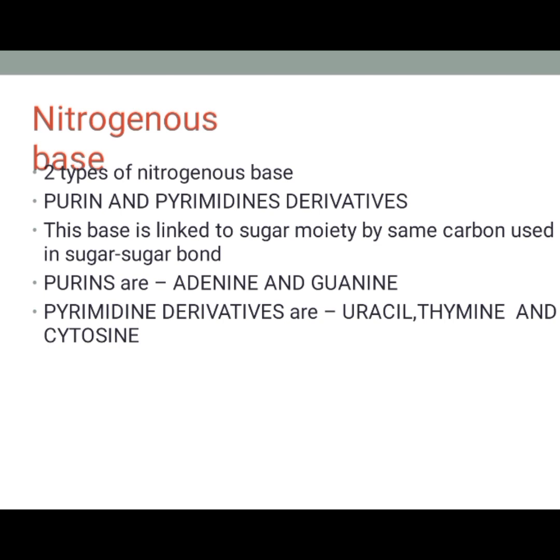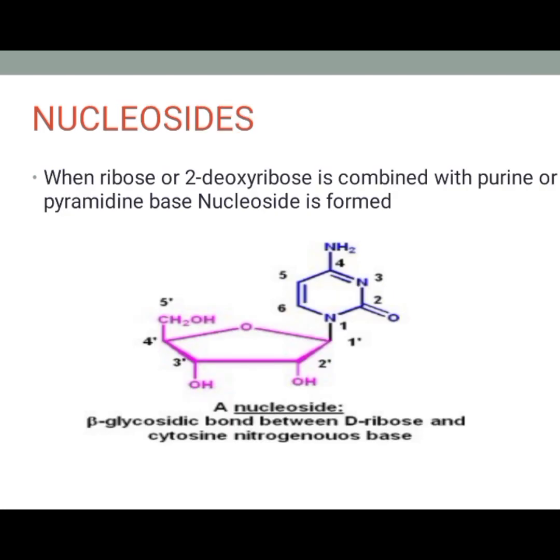If we take the bases, there are certain pairs of bases. The purines are adenine and guanine, and the pyrimidine derivatives are uracil, thymine and cytosine. They are also linked in a certain form in DNA, which we'll see in the structure.